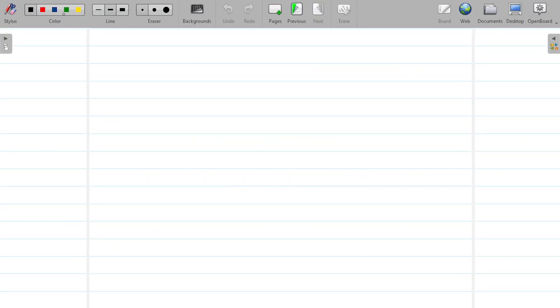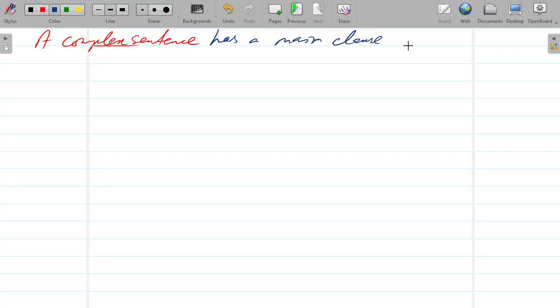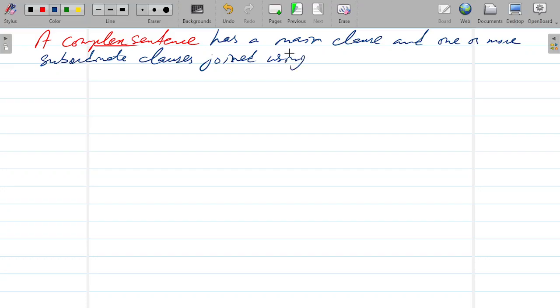So a complex sentence has a main clause and one or more subordinate clauses joined by subordinating conjunctions.